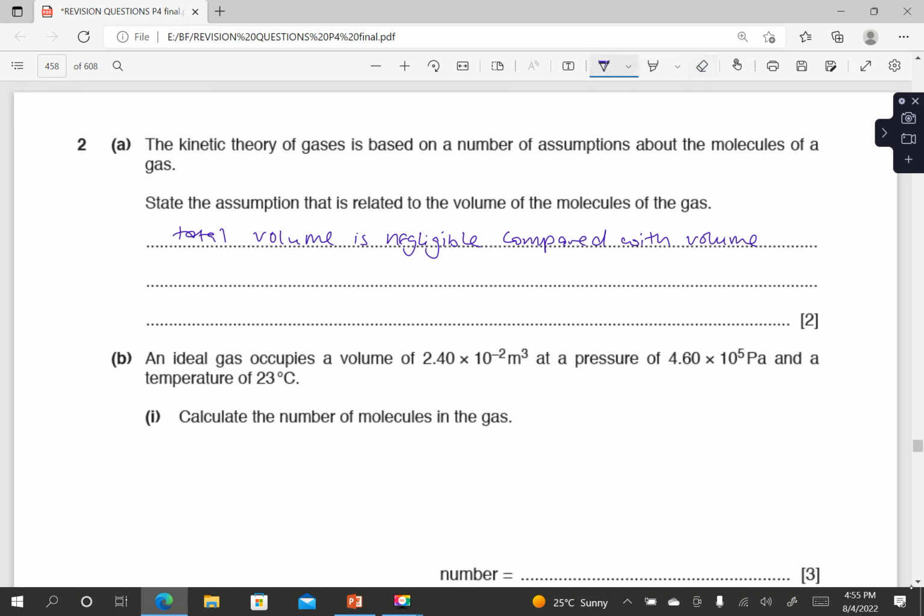Remember, the gas fills up the whole container, so compared with the volume occupied by the gas, or compared with the volume of the container.